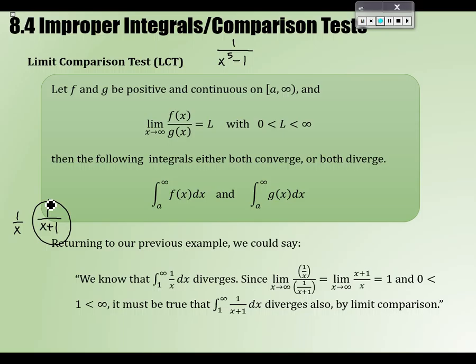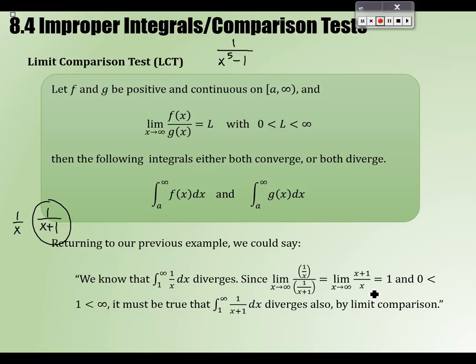That is, the limit as x approaches infinity of x over x plus 1 comes out to be just 1. This last step is either using precalculus or L'Hopital's if you like. You don't need to bring that in though, right? The limit of that is definitely 1, and 1 is a number between 0 and infinity. Therefore, these grow at the same rate. Why are 0 and infinity off limits?